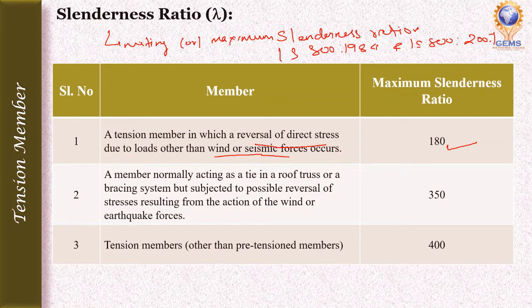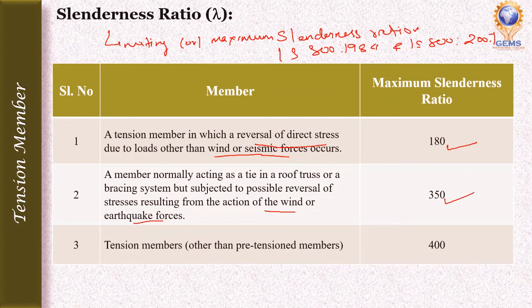Then a member acting as a tie member in a roof truss or in a bracing system, but subjected to possible reversal of stresses resulting from the action of wind or earthquake forces, then the maximum slenderness ratio will be 350.